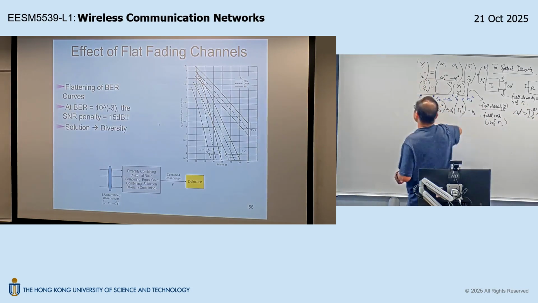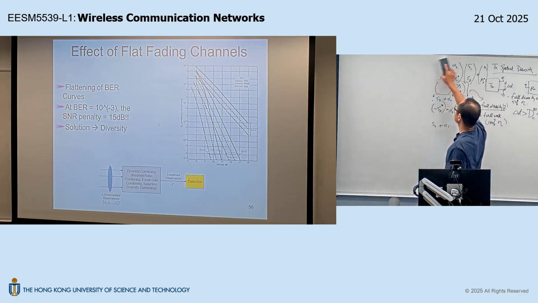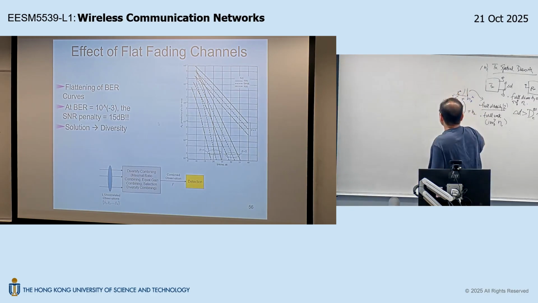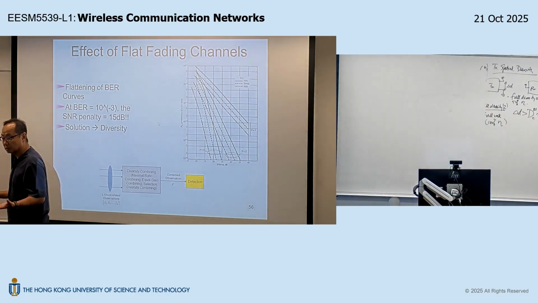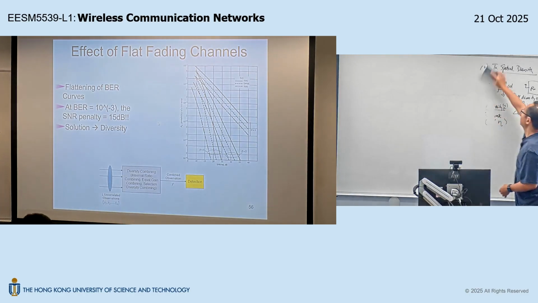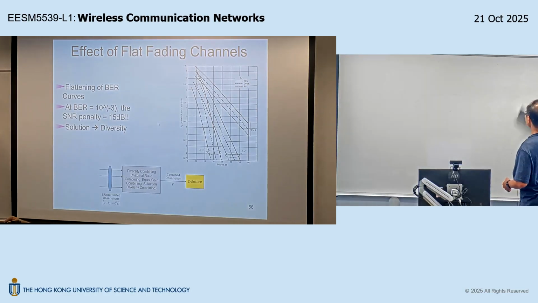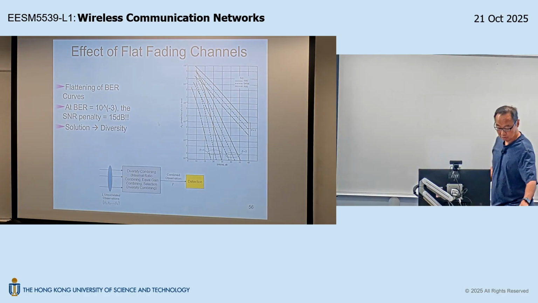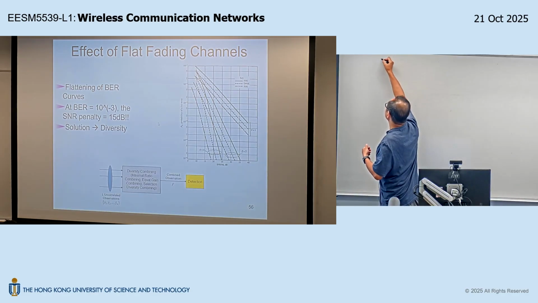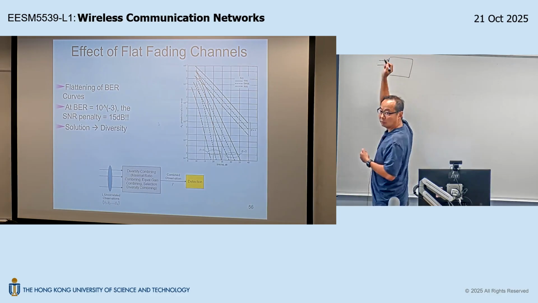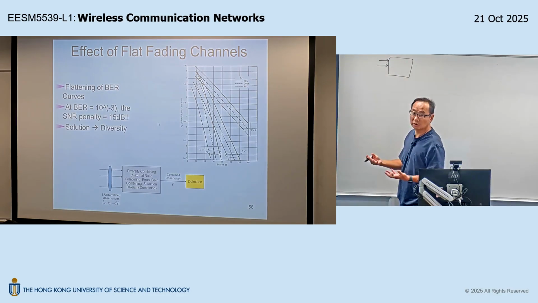Now with this, let's look into the second question. Suppose we have created diversity observations. How can we make use of that before making a decision? So let's say this is the receiver, and somehow we have created multiple independent observations.